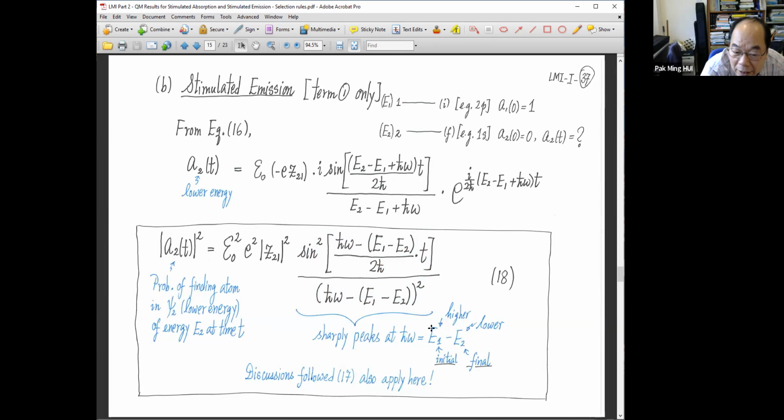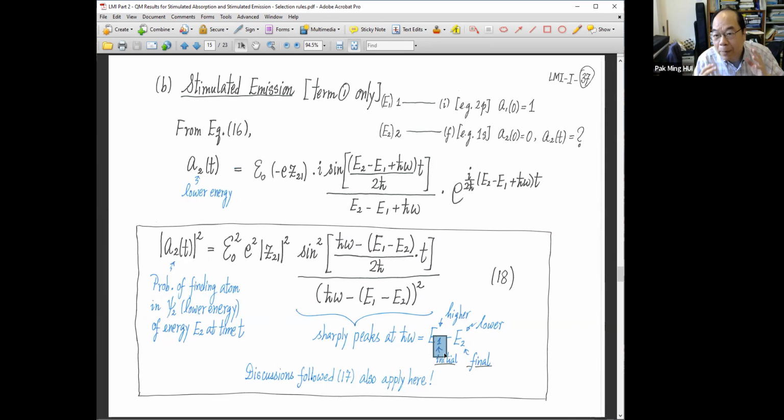However, it is our initial state called 1, final state called 2. So our incident light, omega is always positive. You don't have negative angular frequency in light. So we need the final state to be lower than the initial state, thereby this is emission.